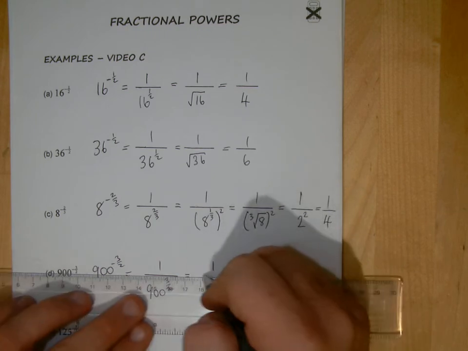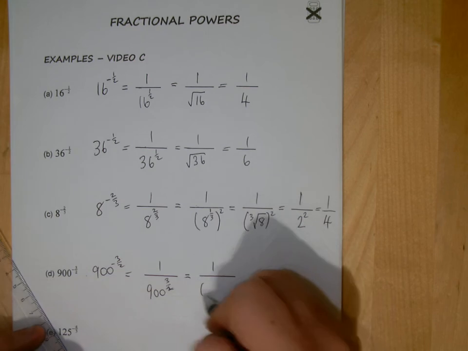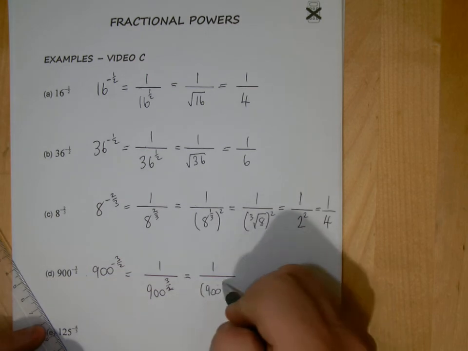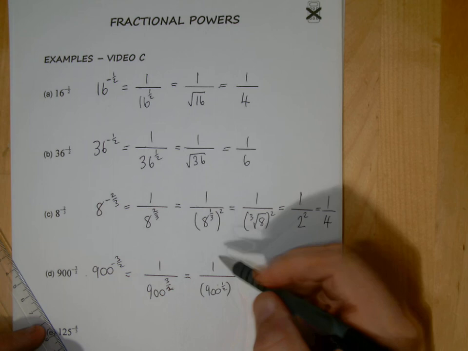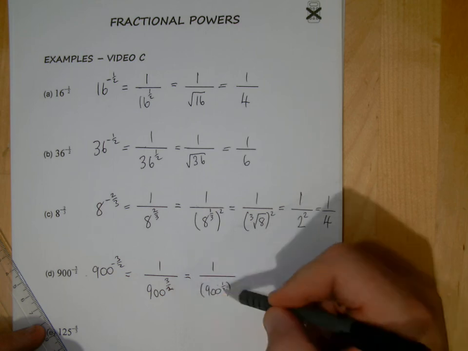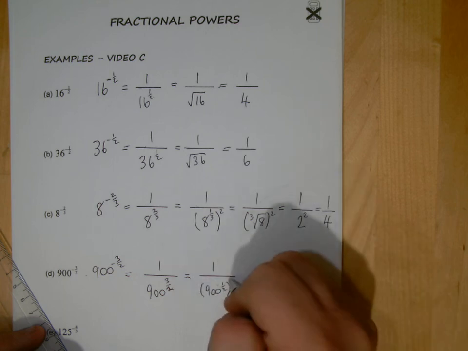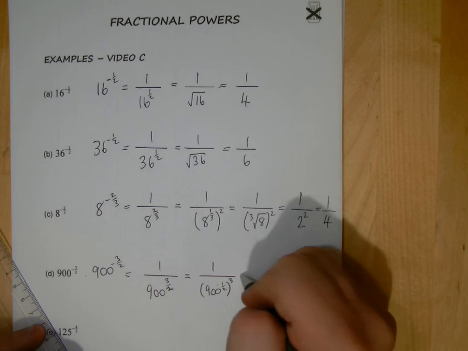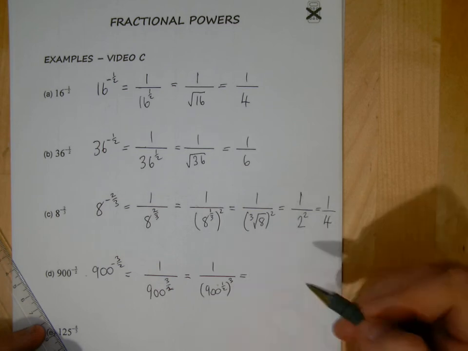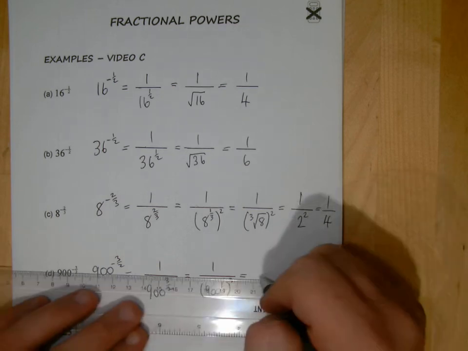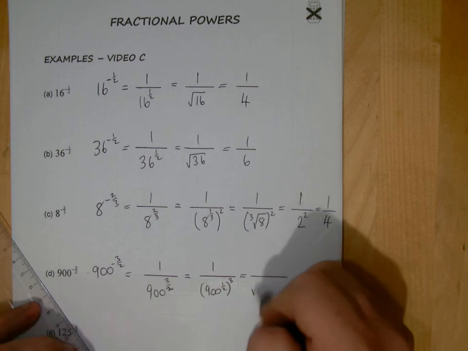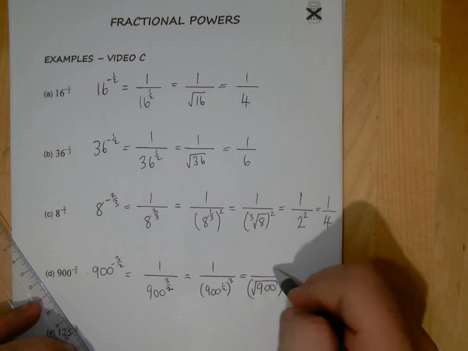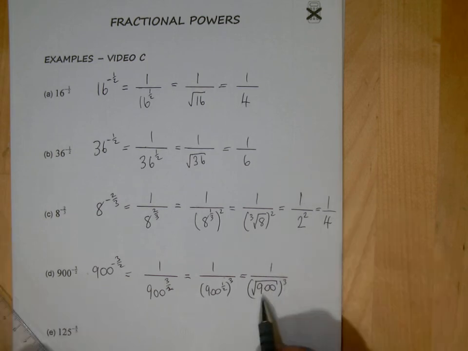We'll bring in a bracket, just like we've done before: 900 to the power half, a unit fraction, and take the 3 out. Now, what does the power half mean? Of course the power half means square root. So in there we've got the square root of 900.